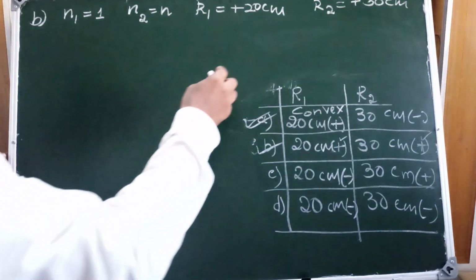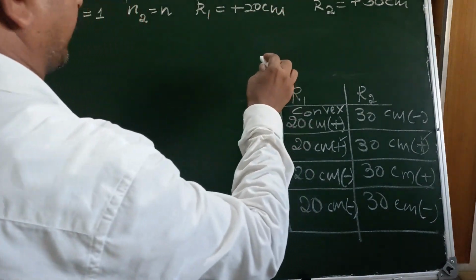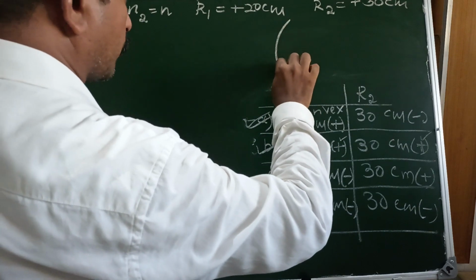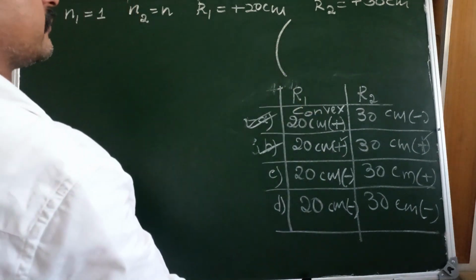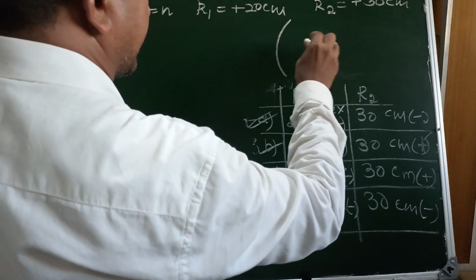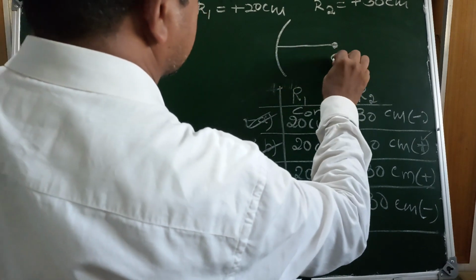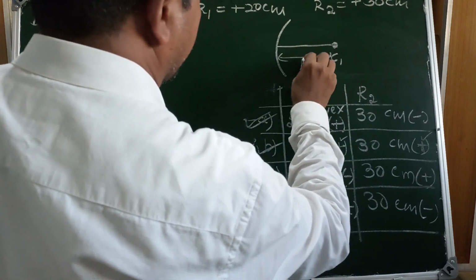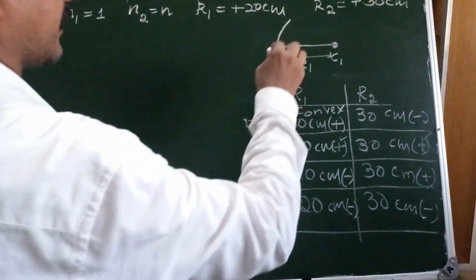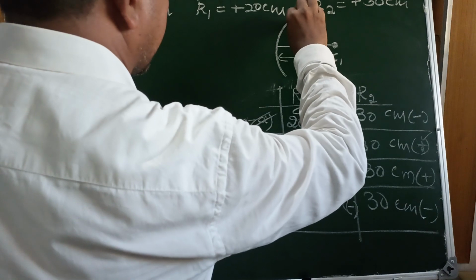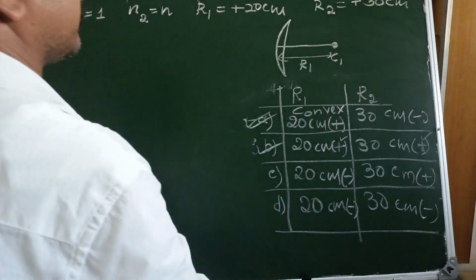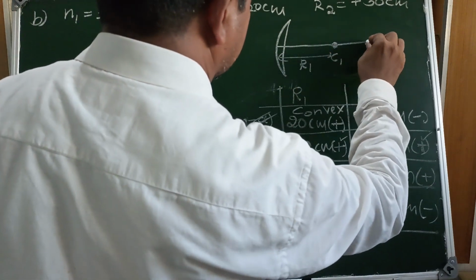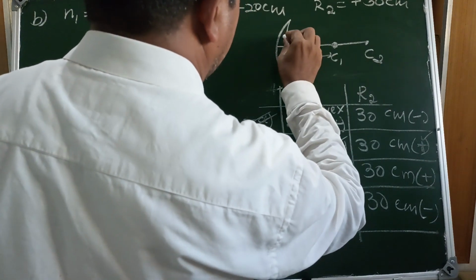Here we can take R1 as 20. R1 positive means the curvature is towards the right, and somewhere you are getting the center of curvature, which we call C1, and here you are getting R1. In the same way, you get another curvature like that, and here you can take the center of curvature C2 and R2.